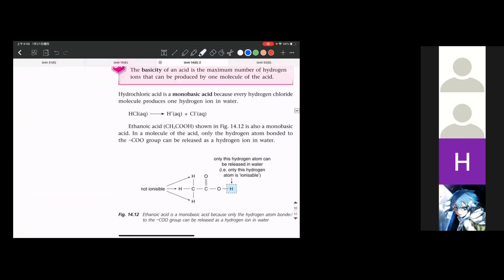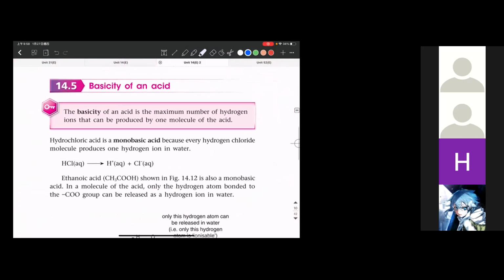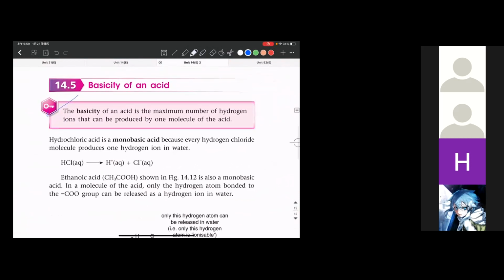The answer is no. You take a look at the word basicity of an acid. For each acid, not all hydrogen atoms will be ionized. The basicity is a definition which tells you the maximum number of hydrogen ions that can be produced by one molecule of the acid.